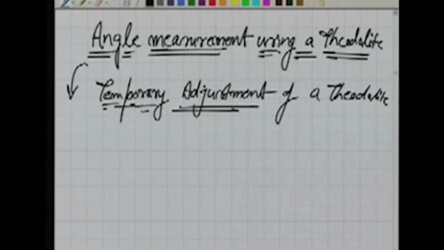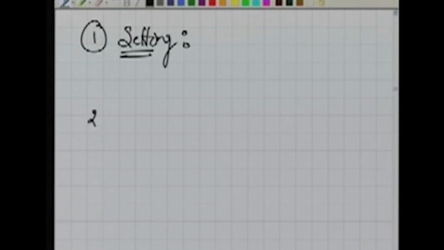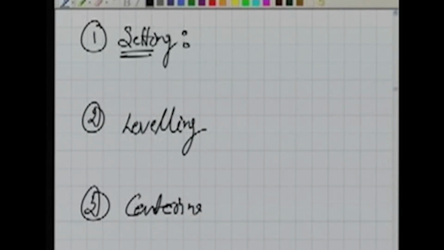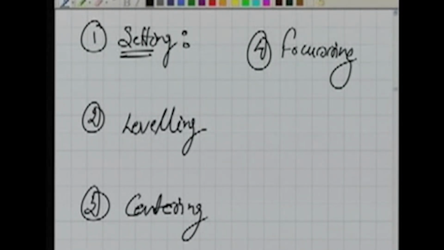Now what these temporary adjustments are: we'll start with number 1, setting. Number 2 will be leveling. Number 3 will be centering. And number 4, focusing. We'll now look into these one by one, though some of these are dependent on each other.